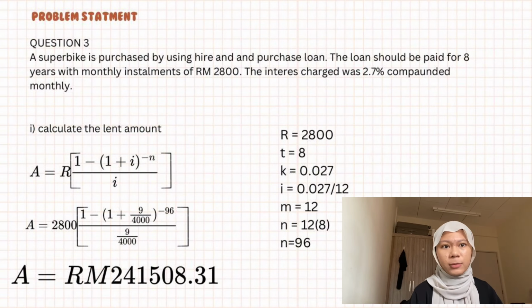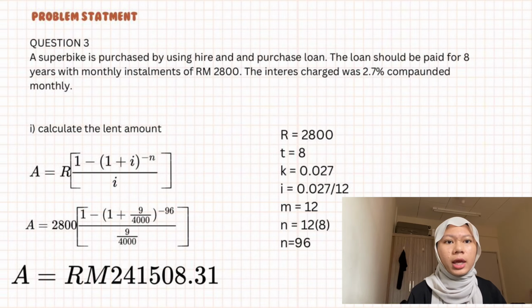We got M, which is 12, and we got I for 0.027 divided by 12. We got N for 96. We put all the information into the formula, and lastly, we got RM 241,508.31.